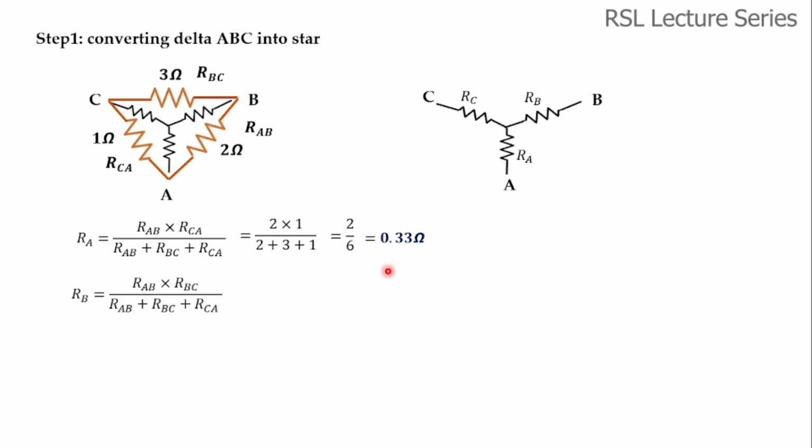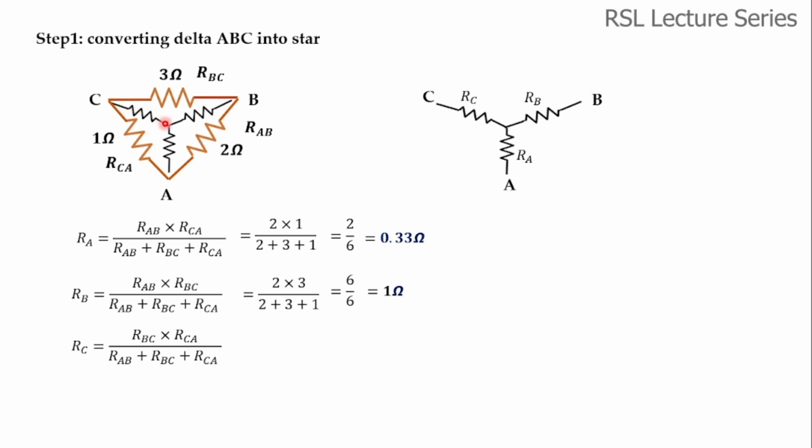Similarly, RB. If you see here, this is RB. So RB is equal to RAB into RBC divided by the sum of all the three resistors. That is equal to 2 into 3 divided by 2 plus 3 plus 1, which is 6 by 6, nothing but 1 ohm. Similarly, RC.